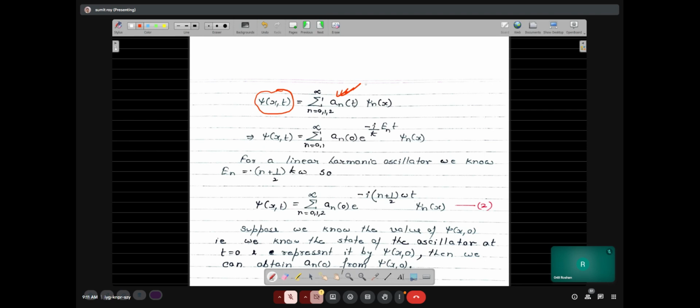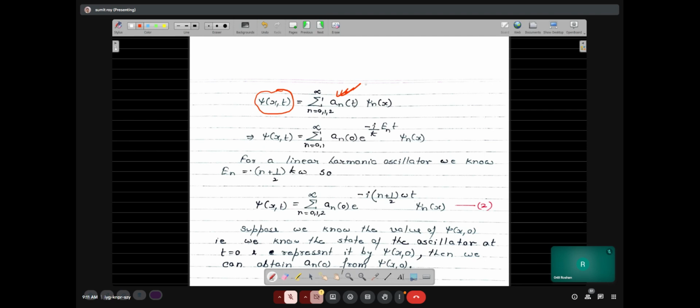We also know that the coefficient at time t can be written in terms of the coefficient at t equals 0 by using this factor. So an at time t can be written as an0 e to the power minus i by h cut En times t, where En is the energy of the nth state.